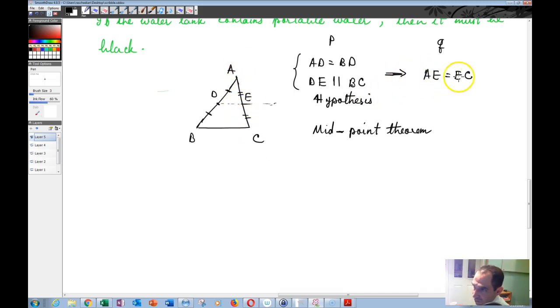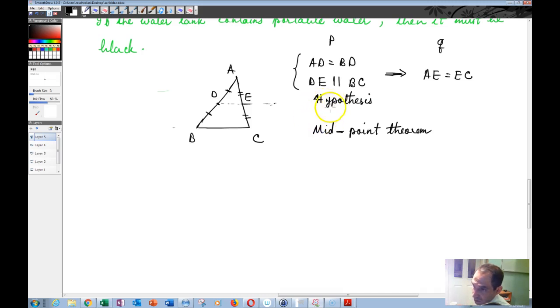Now the converse of this situation would be: if E is the midpoint of AC and also D is the midpoint of AB, then DE is going to be parallel to BC. Okay, so that would be the converse of this statement.